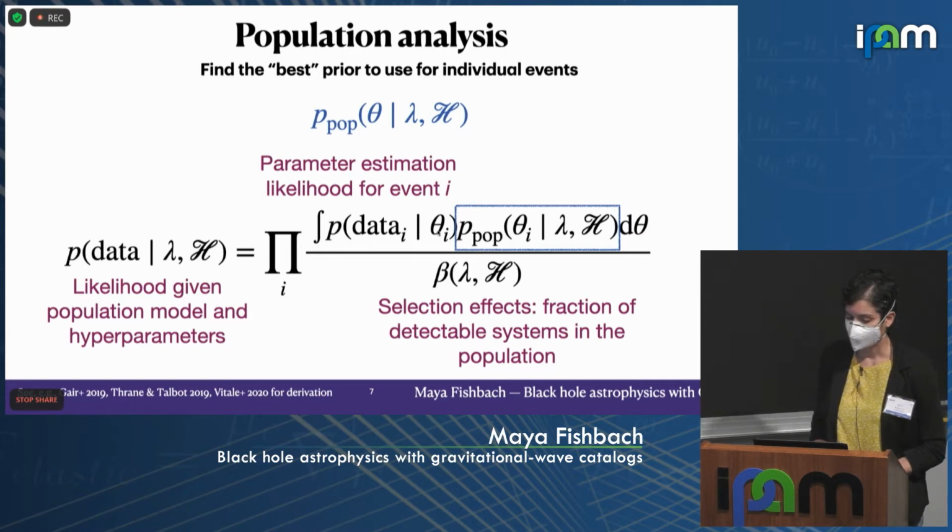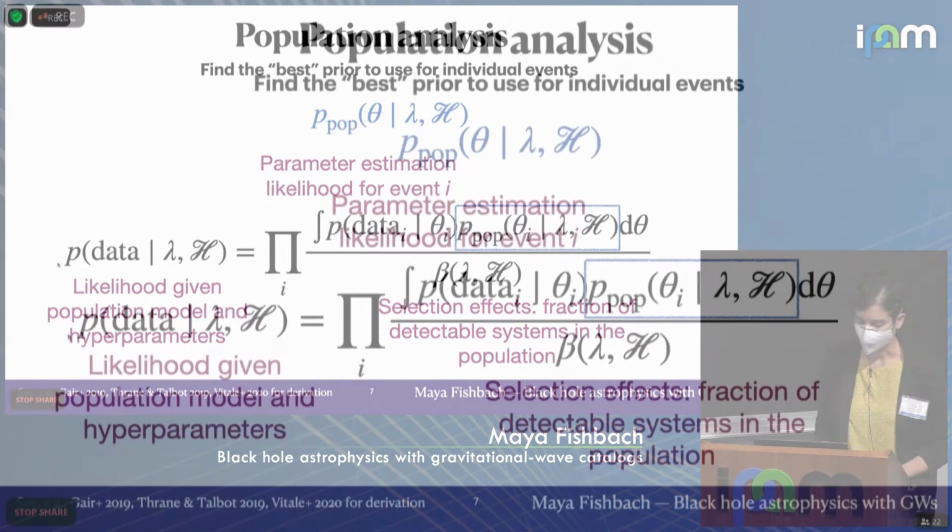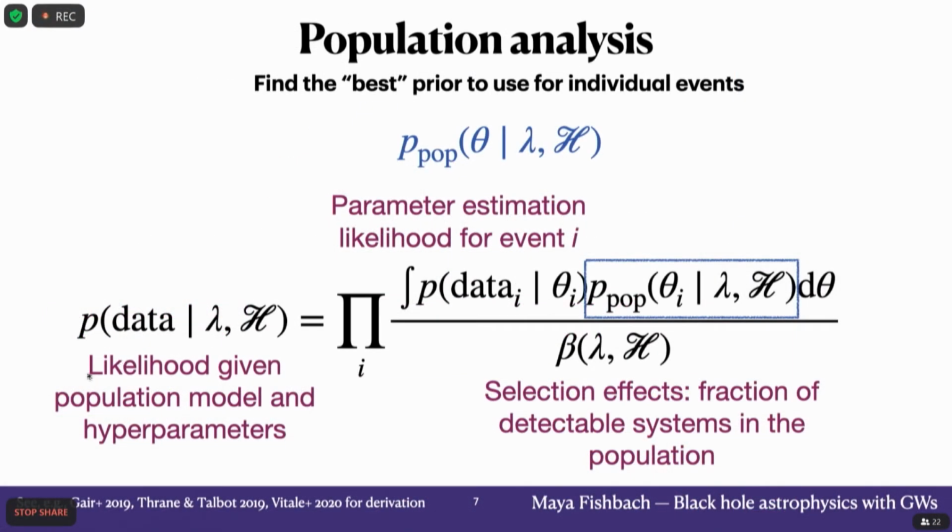And here, what we're interested in doing is finding this population model, again, this best prior that we should be using. And so we are multiplying the likelihood for event i by this population model, which now depends on our hyperparameters lambda. So this is an expression for the likelihood given the population model, H, and its hyperparameters.